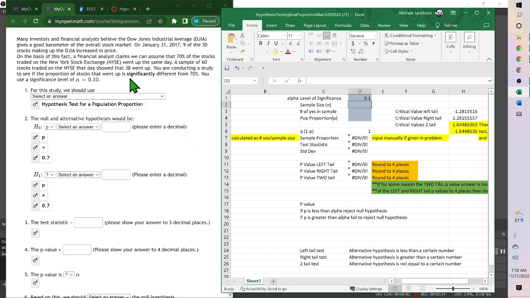The sample size, it said a sample of 60 stock trades. And 38 went up, so 38. Population proportion, that comes from your hypothesis, the 0.7.